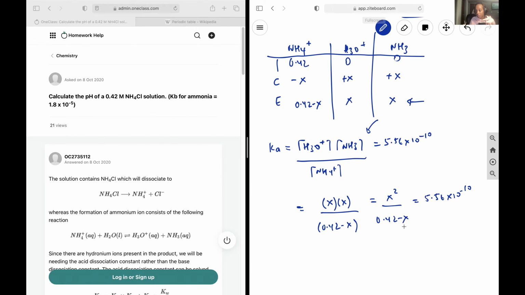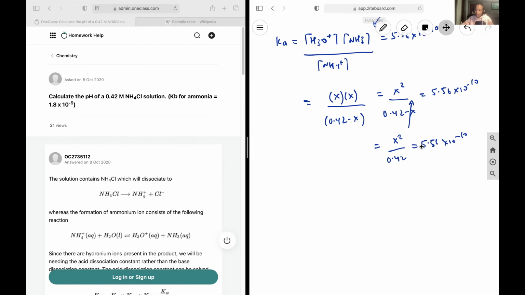So from this relation, we can tell that x is going to be pretty small, and we can verify that at the end, which means that subtracting it from 0.42 isn't going to make that much of a difference in our calculation. And so we can actually forget about this and just write it as x squared over 0.42 is equal to 5.56 times 10 to the negative 10.